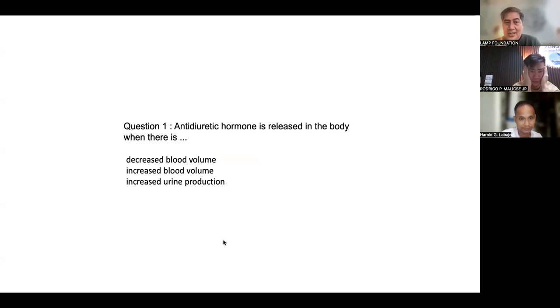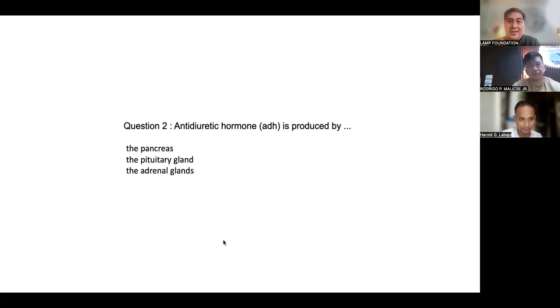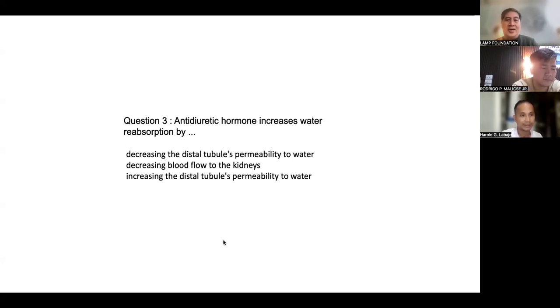Antidiuretic hormone is released in the body when there is decreased blood volume. ADH is produced by the pituitary gland. Antidiuretic hormone increases water reabsorption by increasing the distal tubules' permeability to water.